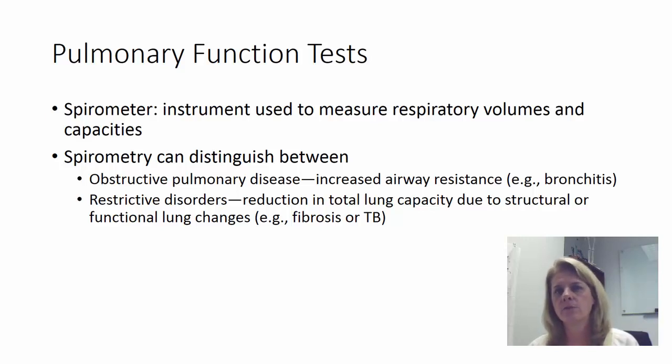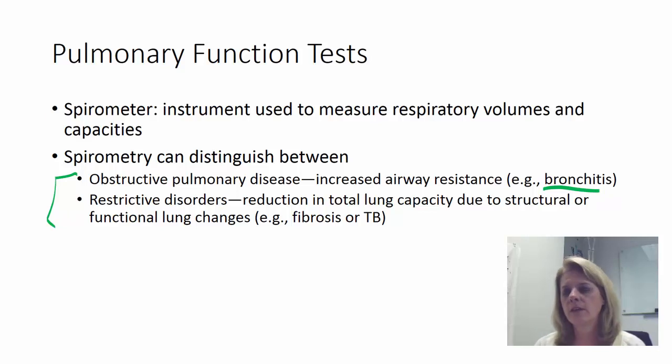And the reason spirometry is important is it can really tell you, is your problem obstructive or restrictive? So obstructive pulmonary diseases are things that increase airway resistance, like bronchitis. If it's a restrictive disorder, these are things that reduce the total lung capacity because the lungs just aren't as resilient as they need to be.